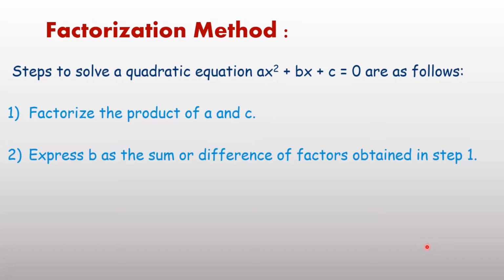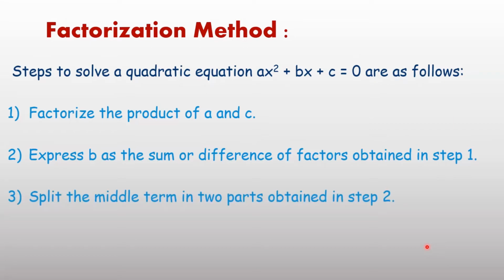First you find the product of a and c, then factorize it. Whatever factors you are getting, express b as the sum or difference. If constant term c is positive, then express b as the sum of, and if constant term c is negative, then express b as the difference of factors obtained in step 1.